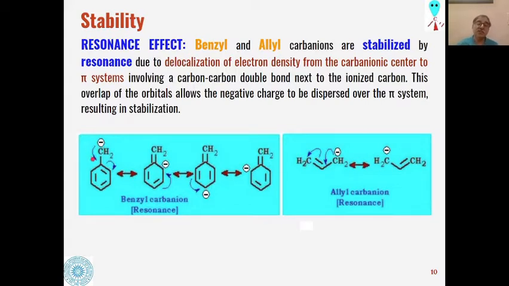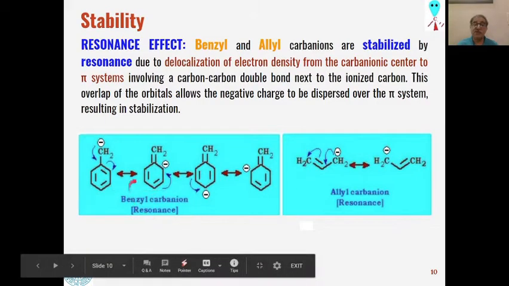This negative charge is stabilized by resonance due to the presence of the pi bonded system of the aromatic ring, and we can have a number of resonating structures. So because of resonance, this carbanion will be more stable as compared to the alkyl carbanions, where there is no resonance of the negative charge.